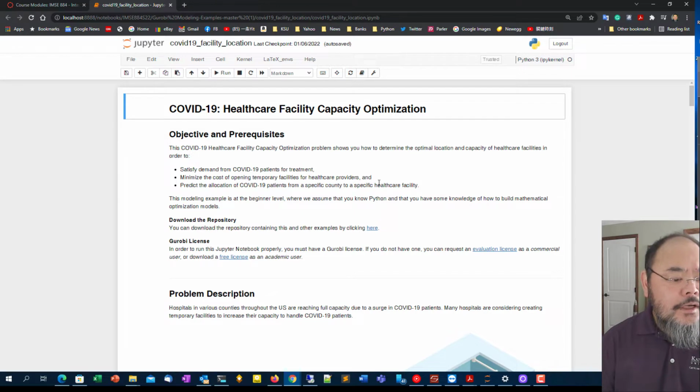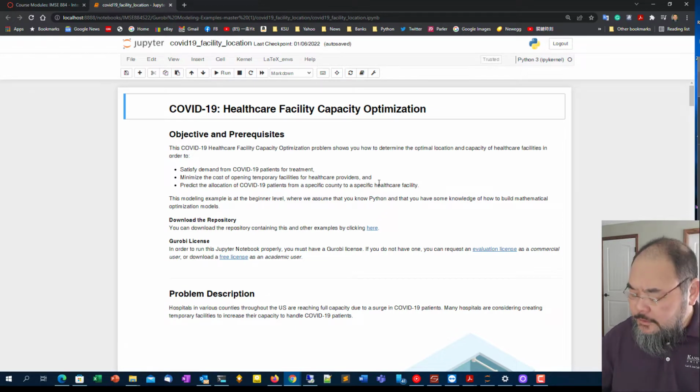So we're going to satisfy the demand from COVID-19 patients for treatment, and we're trying to minimize the cost of operating temporary facilities, and predict the allocated patients from specific counties to specific healthcare facilities, that is, how to divert the potential demand, which is potential capacity requirement, from the current existing facilities to the temporary expanded facilities.